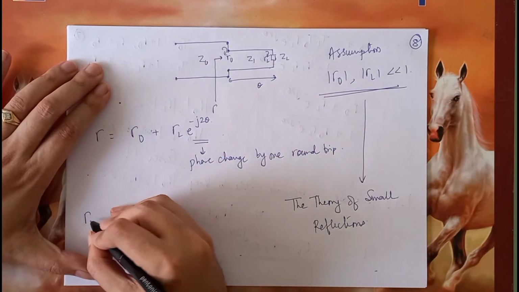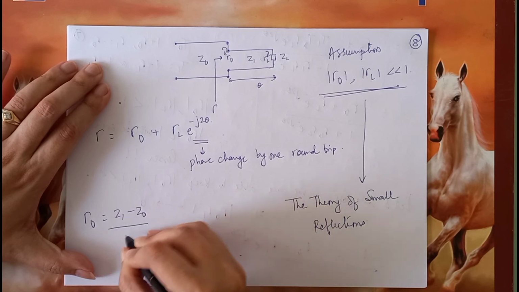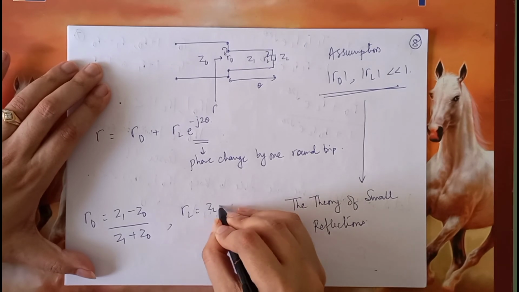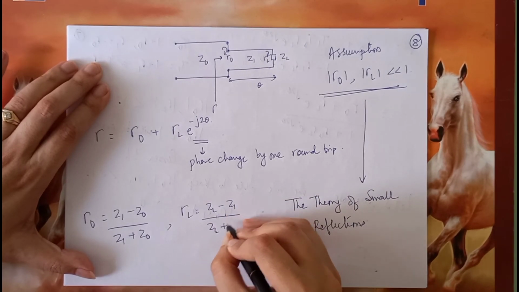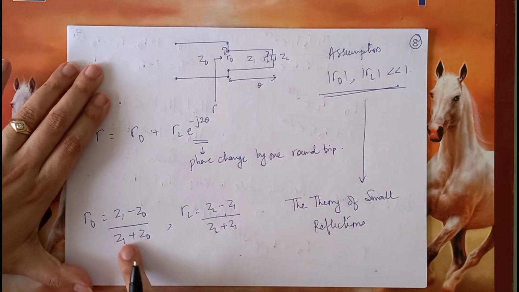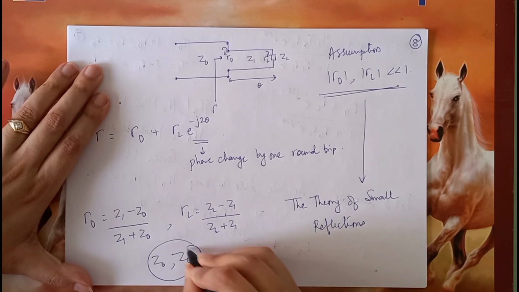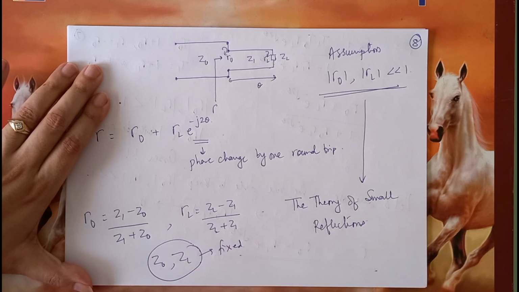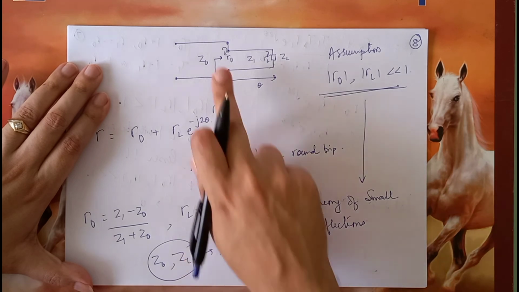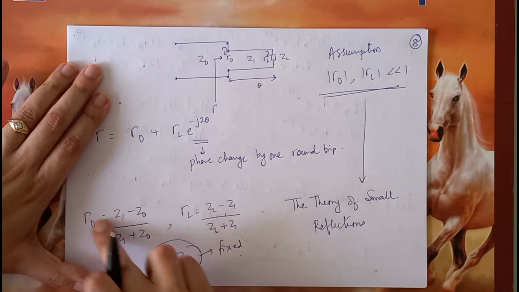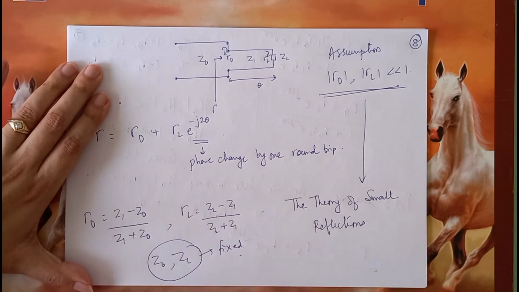Gamma 0 is Z1 minus Z0 divided by Z1 plus Z0, and gamma L is ZL minus Z1 divided by ZL plus Z1. So effectively, once Z0 and ZL are fixed, Z1 is everything. Z1 decides how far it is from Z0 and how far ZL is from Z1, which ultimately decides the magnitudes of gamma 0 and gamma L.